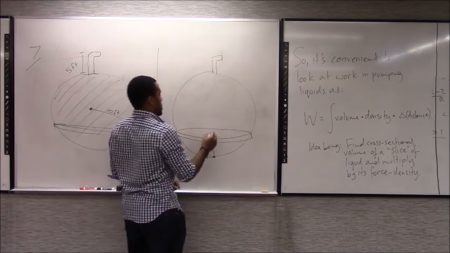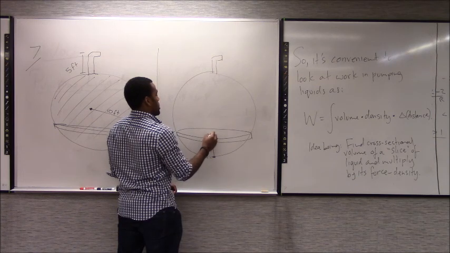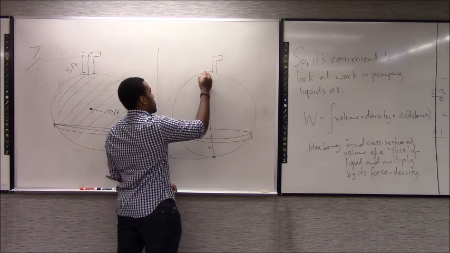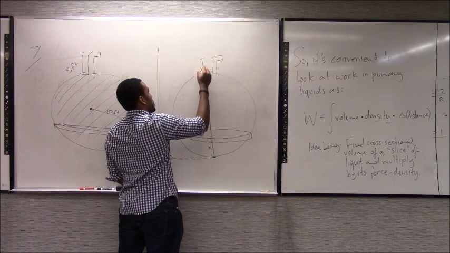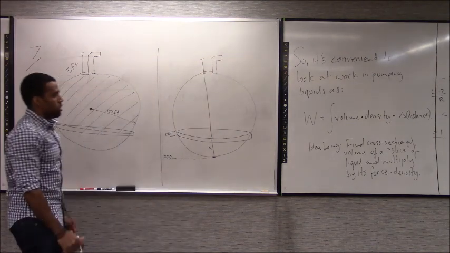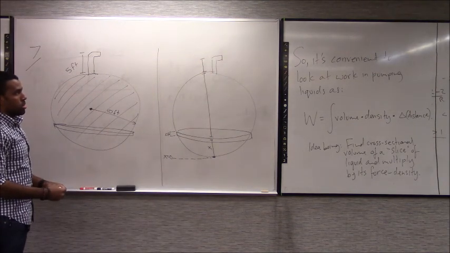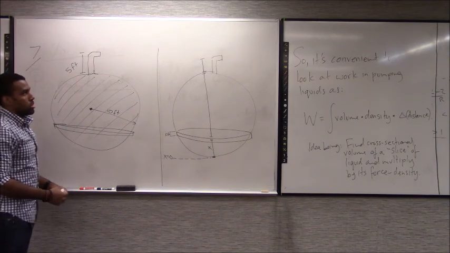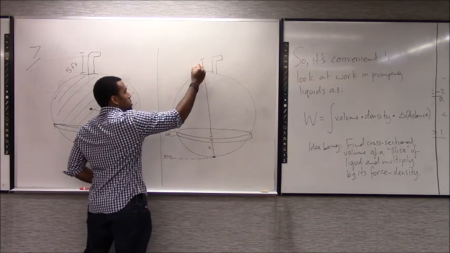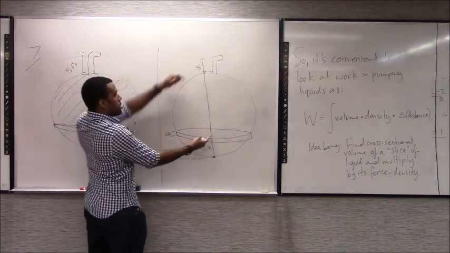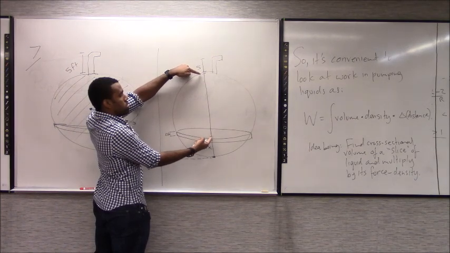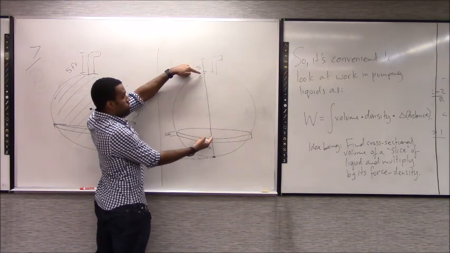Then, of course, the distance it has to move to get out of the spout is going to be what? Well, I know this distance here is 5, and this distance here would be 20 minus x.